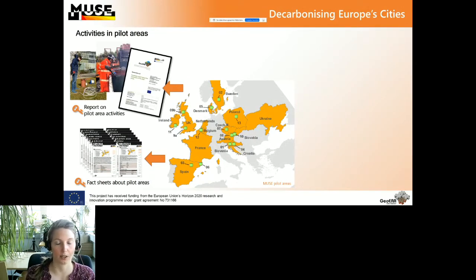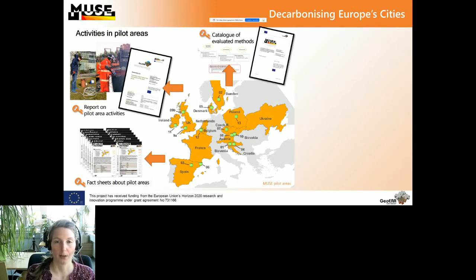The work in the pilot areas focused on investigating where we can use shallow geothermal energy and to what extent. And in order to achieve this, we conducted a lot of field measurements over the course of 2 years and collected data from existing data sets and archives.